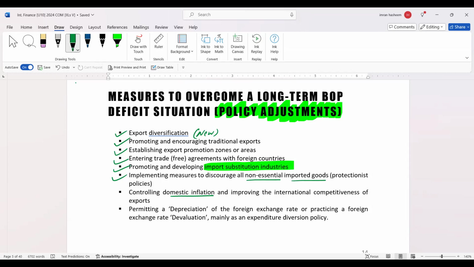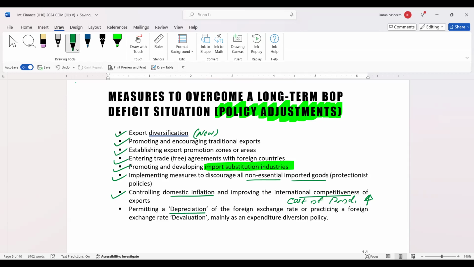On the other hand, with inflation, our international competitiveness also will decrease because our cost of production increases. So everything we export will become expensive and our competitiveness will fall. Right. Next, permitting a depreciation.